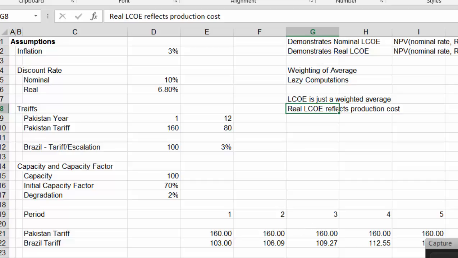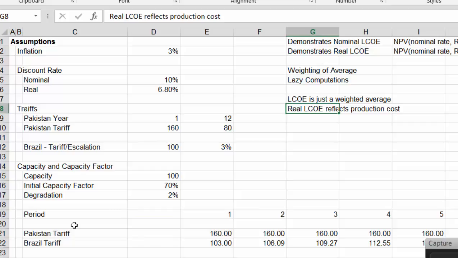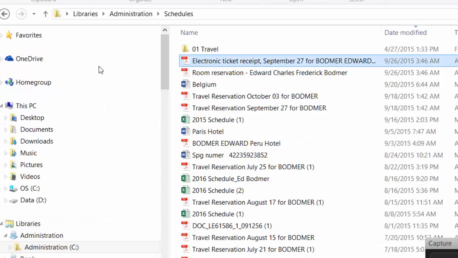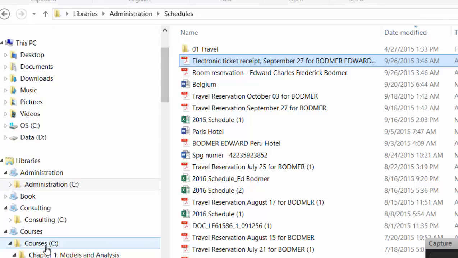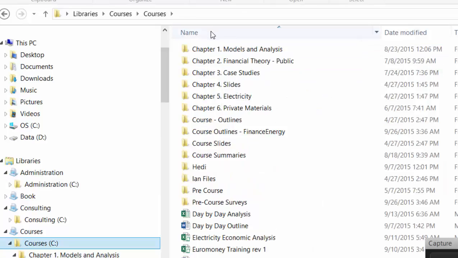Now, to get this started, let's open a file. If you have the Google Drive, then you have all these course files, there's one from Heidi.